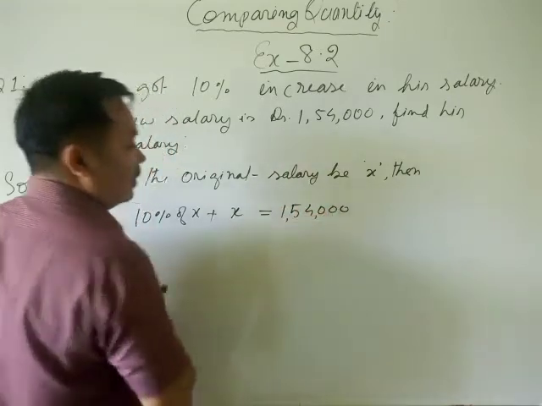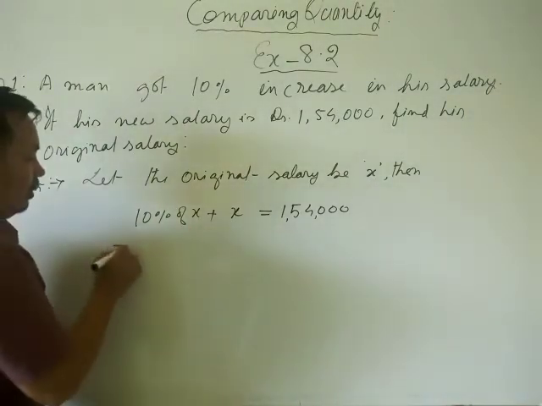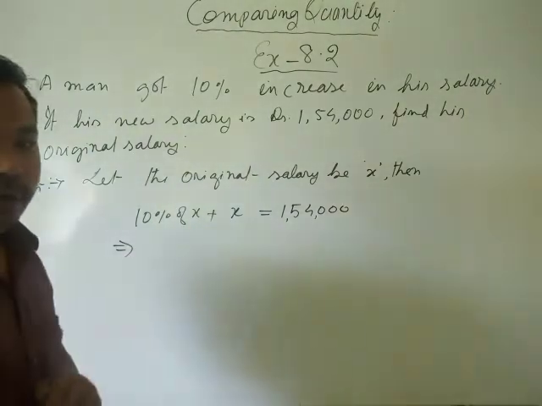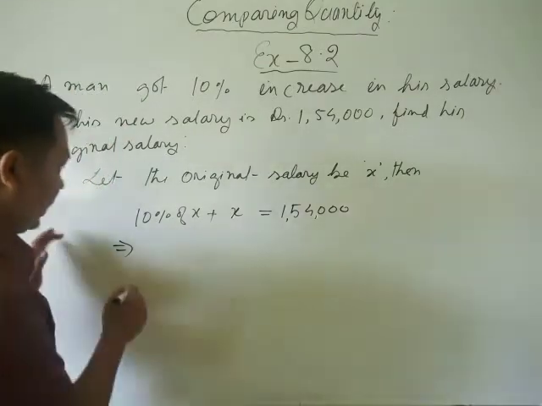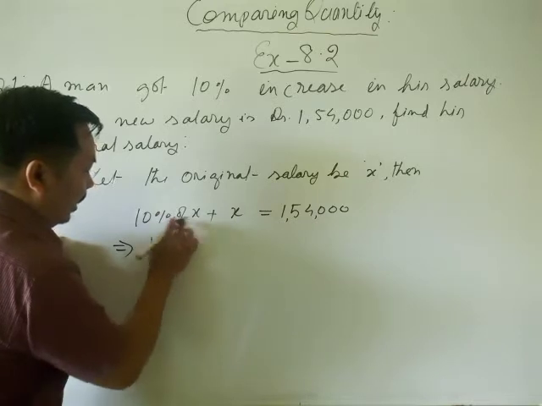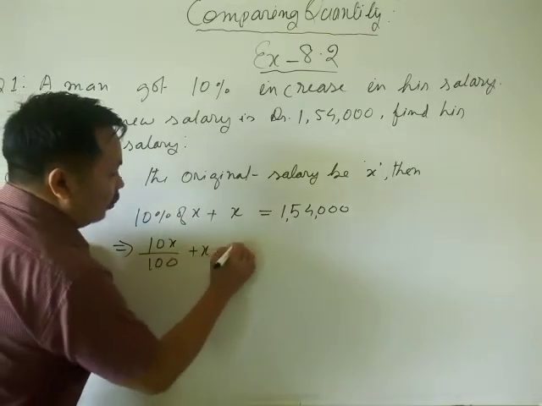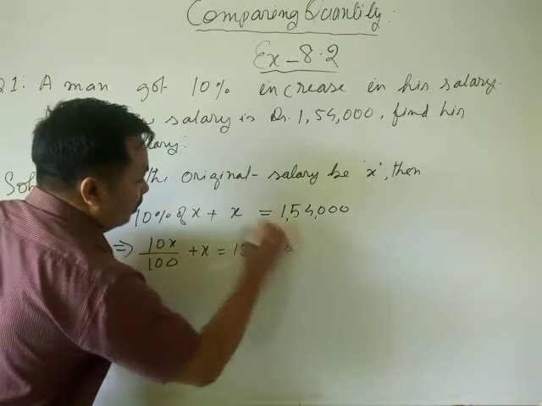So from this equation we can find out the value of X, that is the original salary. 10 by 100 into x will be 10x, then plus x equal to 154,000.